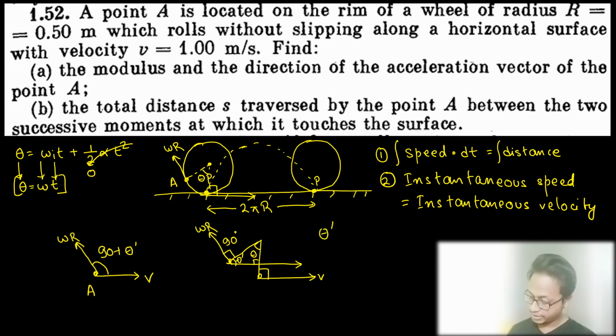In my representation or in my notation, theta dash is nothing but 90 minus theta. So the total angle is 90 plus 90 minus theta, or is equals to 180 minus theta. So the total angle out here is 180 minus theta.